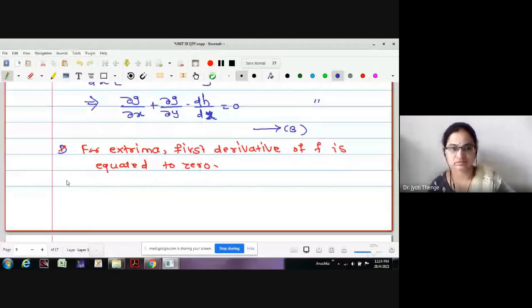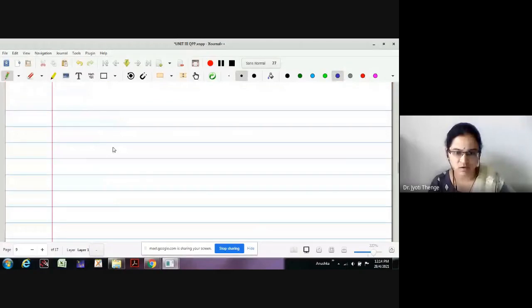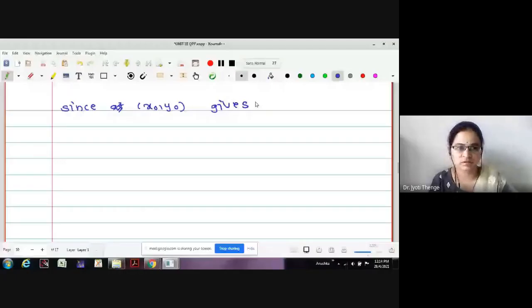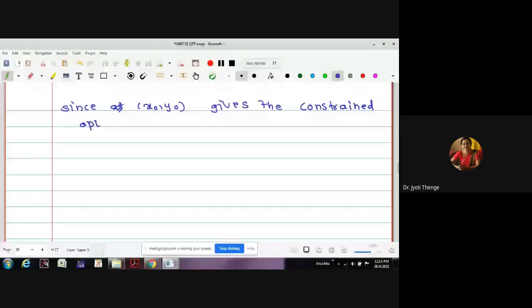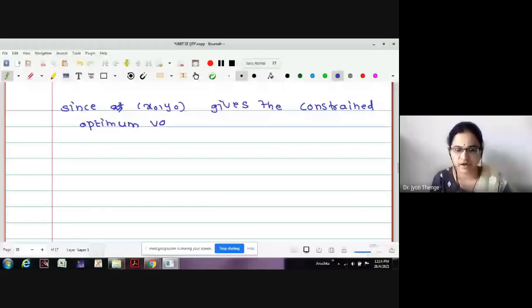Therefore, let me write: since x naught y naught gives the constrained optimum value, we have d by dx of f of x and h of x.